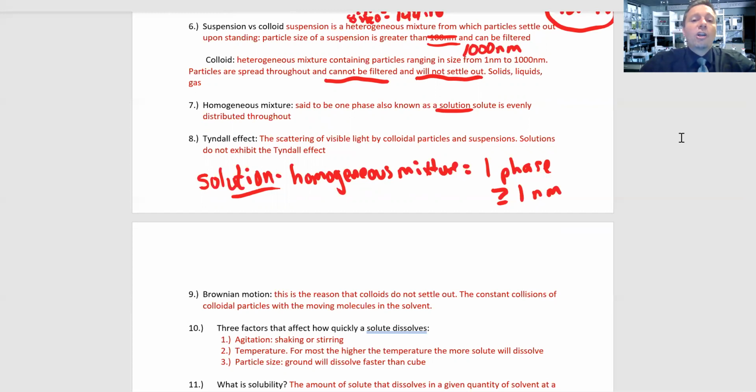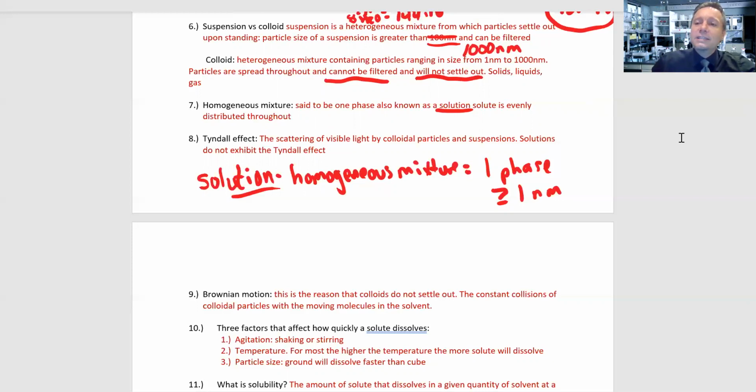So there are a lot of reasons why you saw things when you shined the light through with the flashlight. But what you did not see is the actual beam, the highlight of the beam going through that salt water. You may have seen some things floating in it, but you did not see the actual outline of the beam. That's the Tyndall effect when you see that outline of the beam.